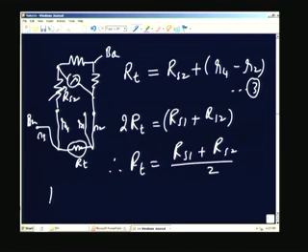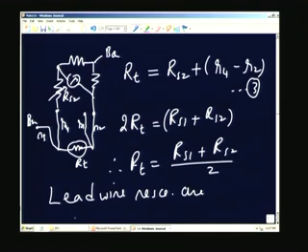That means that the lead wire resistances are compensated or cancelled out. We will continue in the next lecture.